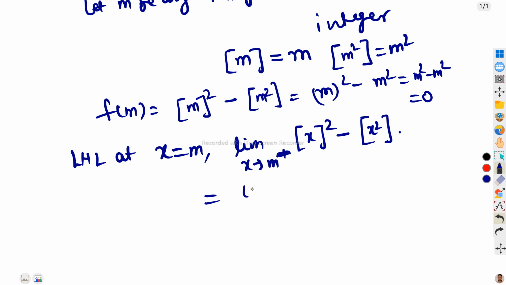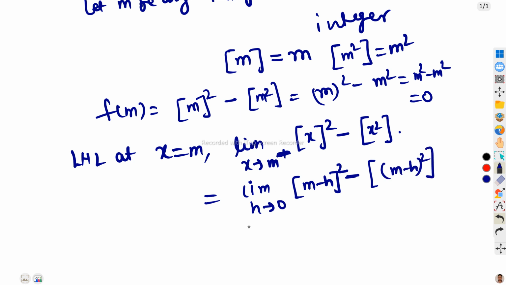Again, this can be written as limit h tends to 0 of bracket of (m minus h) whole square minus bracket of (m minus h) square. Since this is less than m, we need the value of the bracket of m minus h.